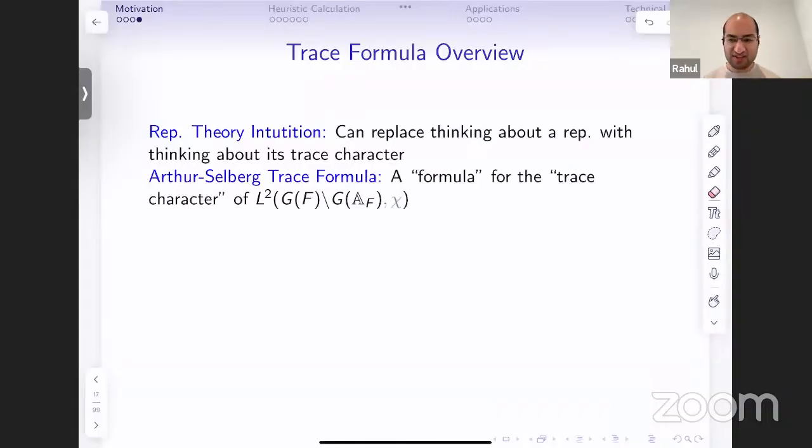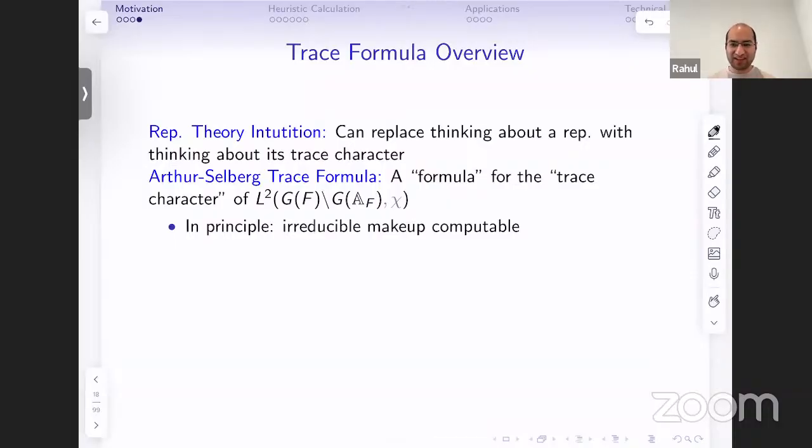So what is the Arthur-Selberg trace formula? Well, it's supposed to be a formula, maybe not exactly, for the trace character of this entire L2 space as a representation. So in particular, maybe you can expect that, like for finite groups, when you know the trace character, you know how the representation breaks up into irreducibles.